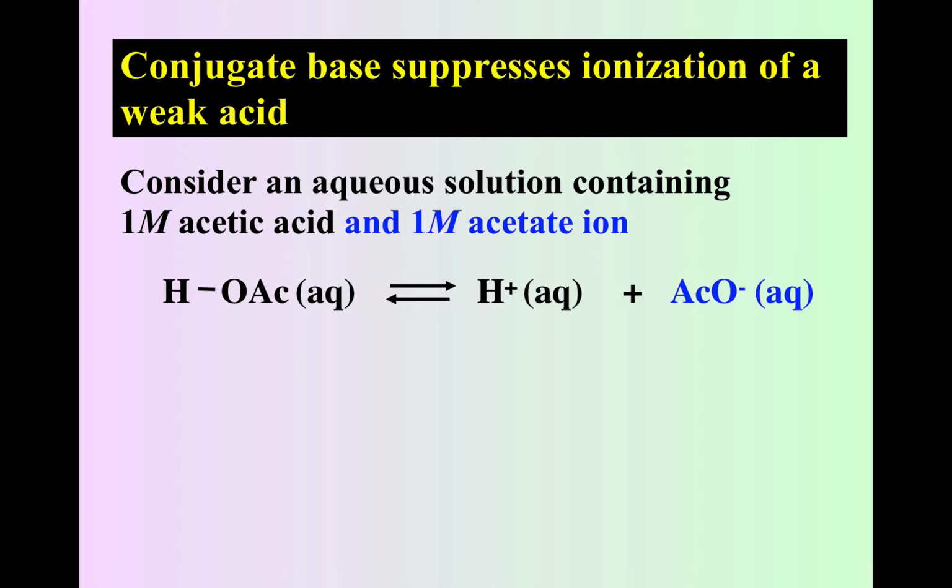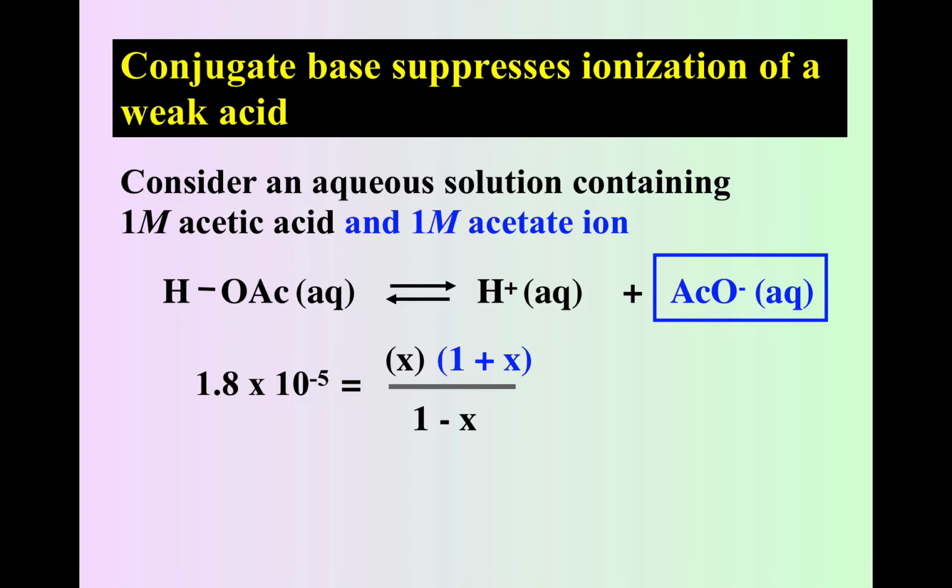So let's see what it looks like mathematically, right? So if you have a 1 molar acetic acid and 1 molar sodium acetate solution, you've already got a whole bunch of acetate in the solution. That's going to drive the equilibrium back towards the reactants and lower the H plus concentration. So I can ignore the change in the acetate concentration.